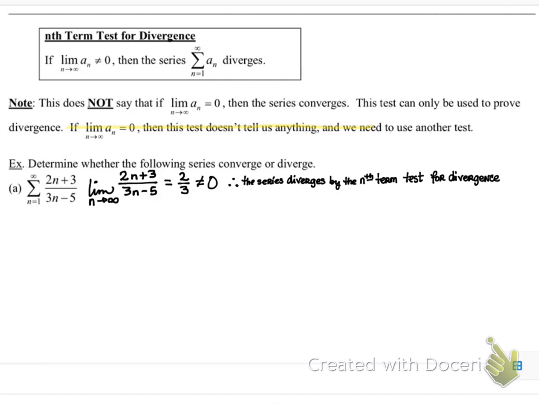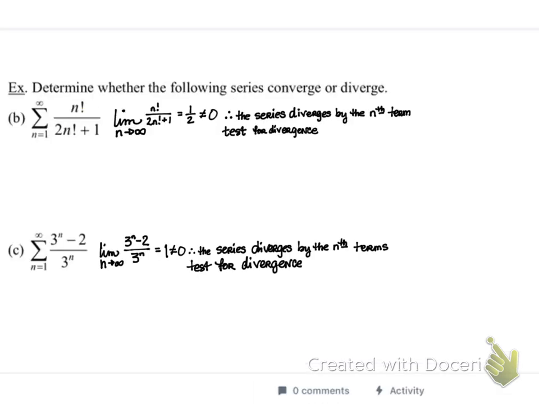It just keeps growing and growing and growing. So in both of these cases, the individual terms of the individual sequences converge to a limit other than 0. Therefore, the series both diverge by the nth term test for divergence.